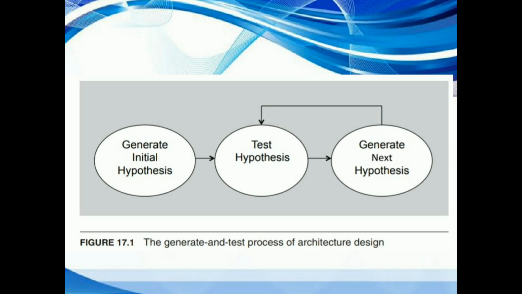Look at this diagram. We have mainly three components: generate initial hypothesis, test hypothesis, and generate next hypothesis. Our process starts with generating the initial hypothesis. After this first step, it moves to test hypothesis, where it tests whether the hypothesis is correct or not, and then moves to the next step, generate next hypothesis.